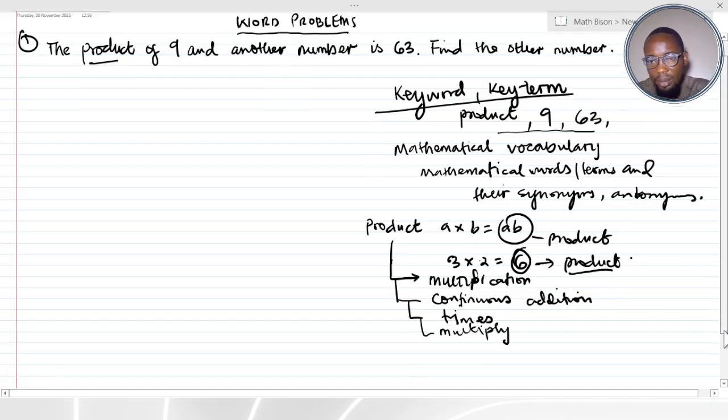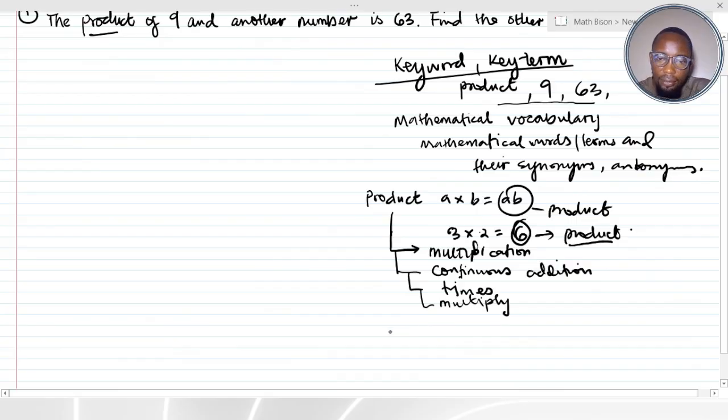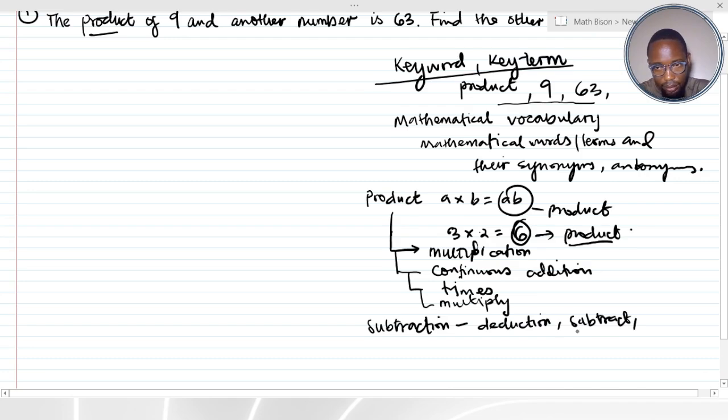And sometimes we can have other ones like, okay, if you say subtraction, it can actually mean deduction. It can mean subtract. I know what I'm saying. When I say subtraction, I say subtract. Then we can say reduce. We can say less.